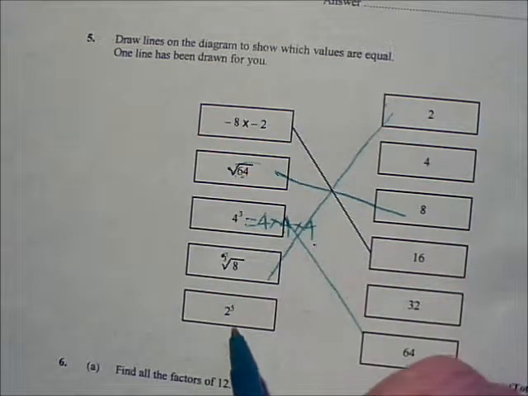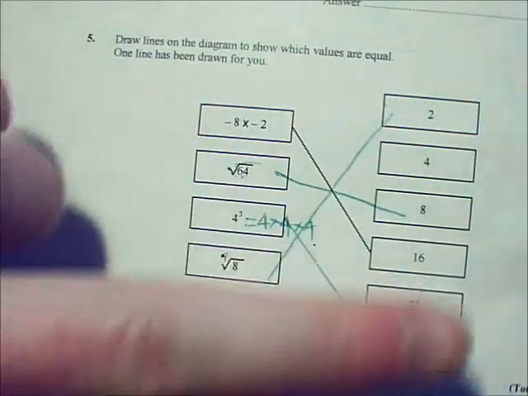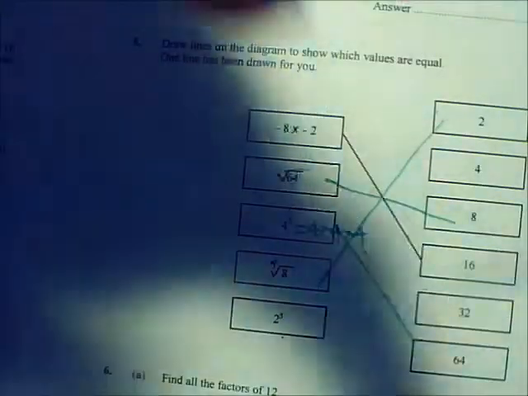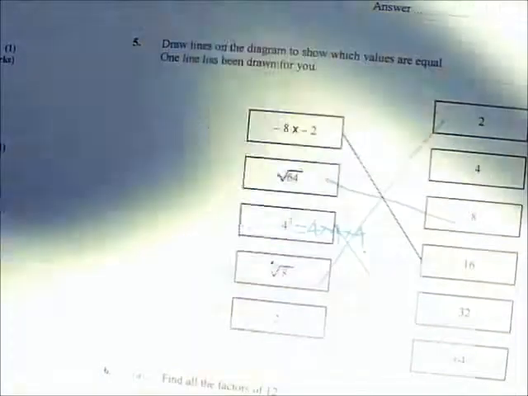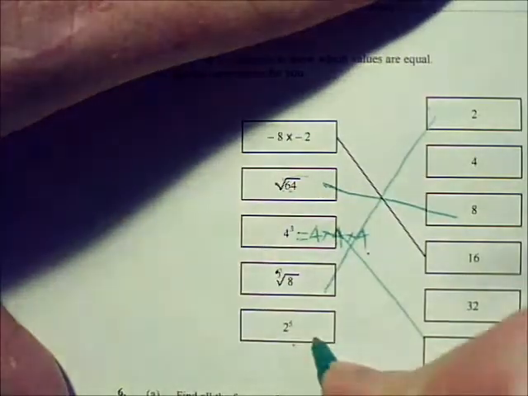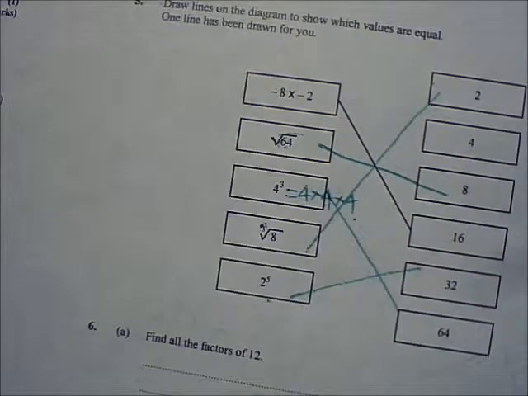And then finally 2 to the power of 5. That's 2 times 2 times 2 times 2 times 2. 2, 4, 8, 16, 32. There we have it.